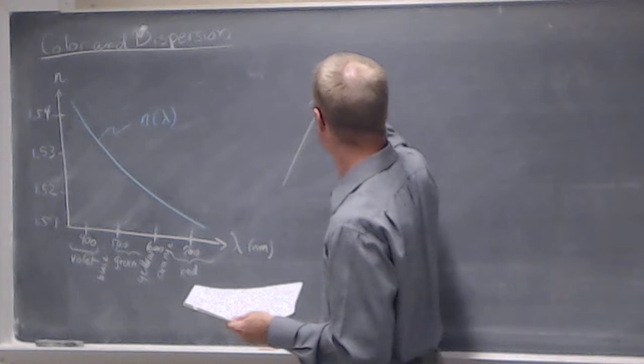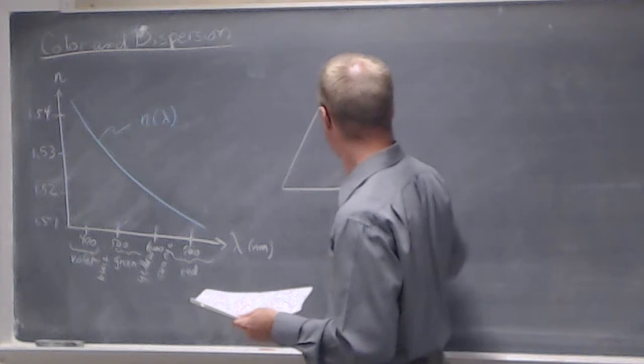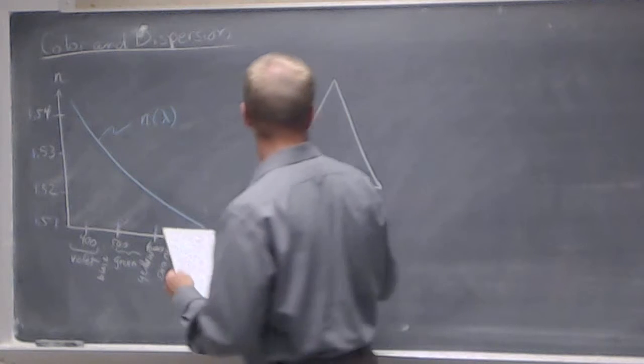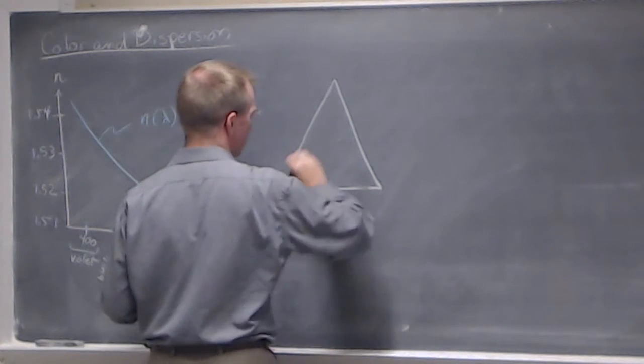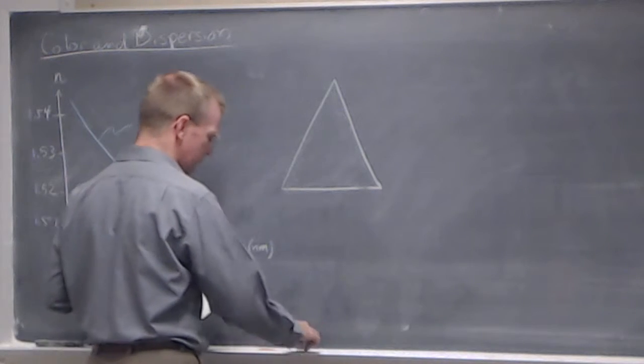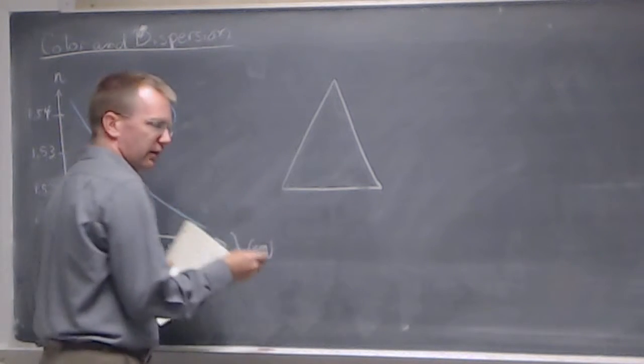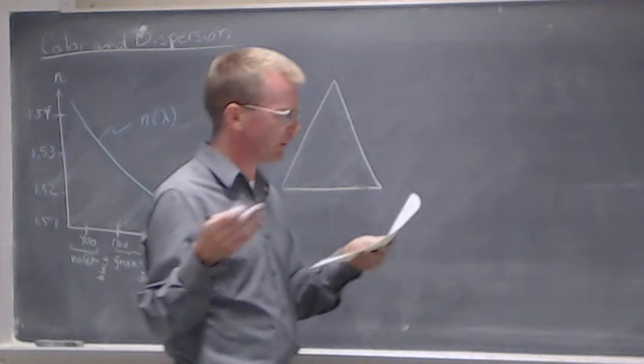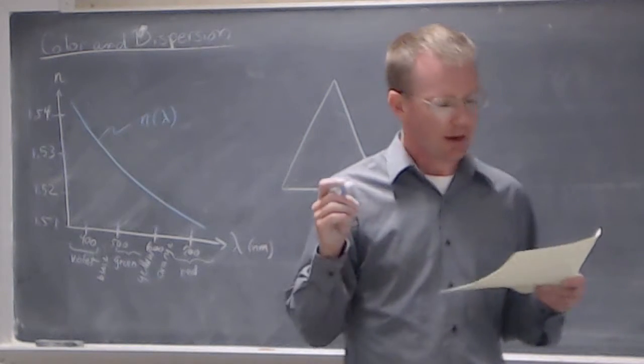So if we've got a prism with a triangular cross-section here, made out of glass, let's see, what did Sir Isaac Newton figure out?